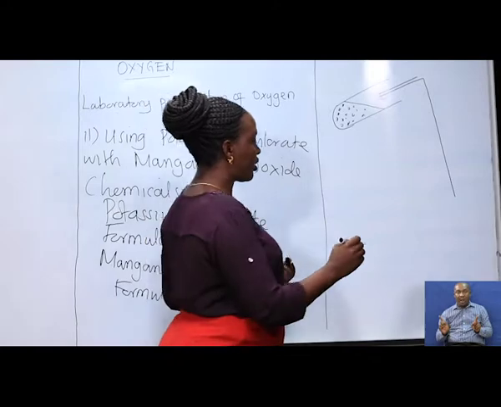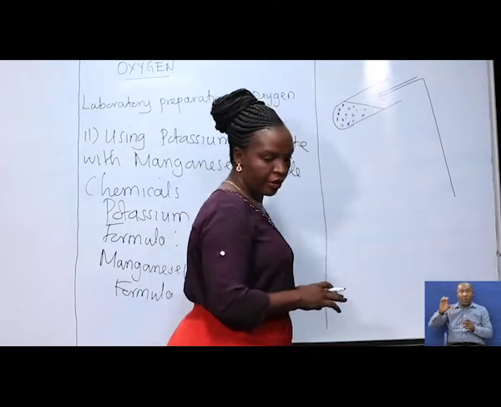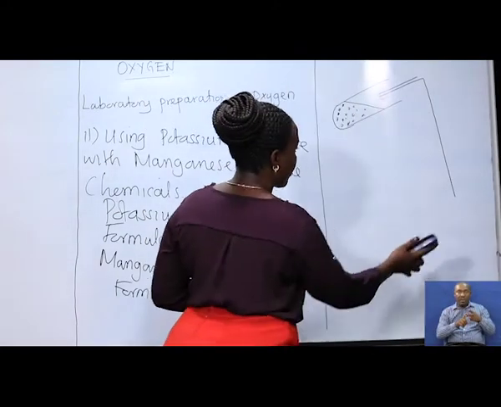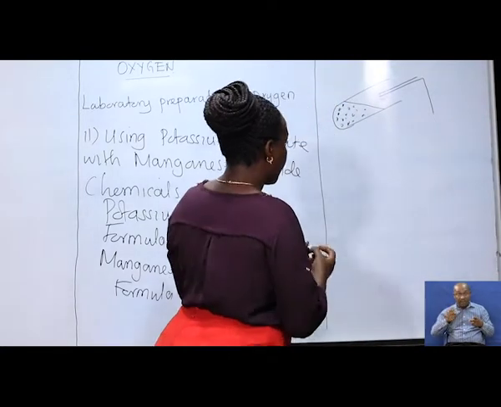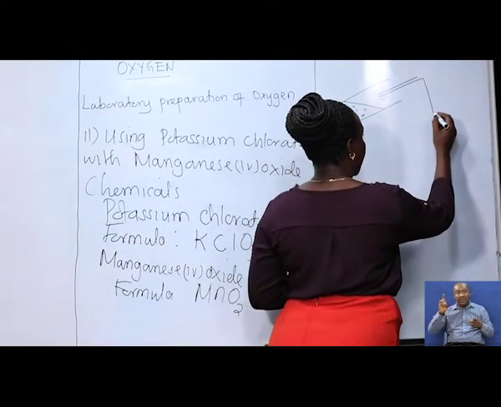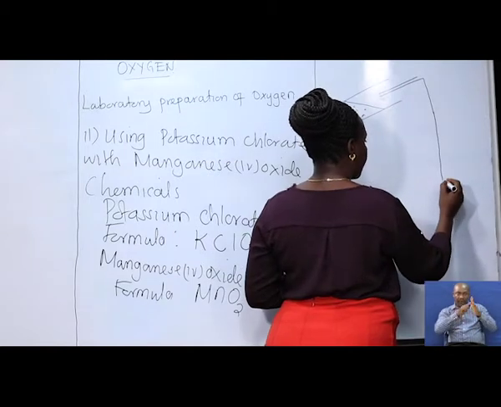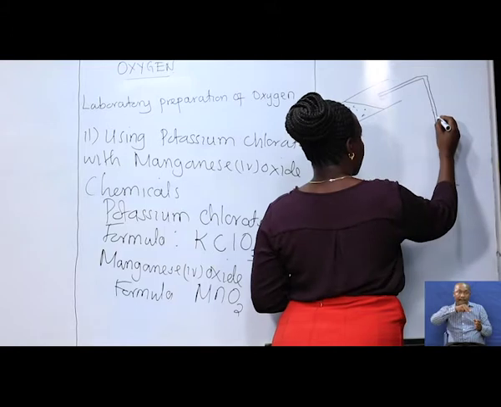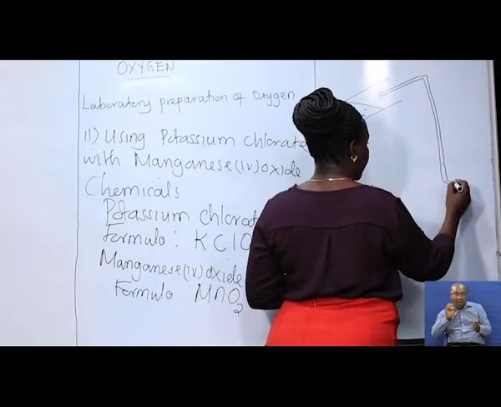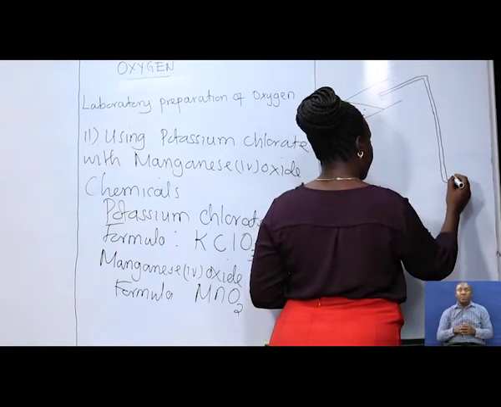We are going also to have a trough. That trough will be filled with water and a beehive shelf.